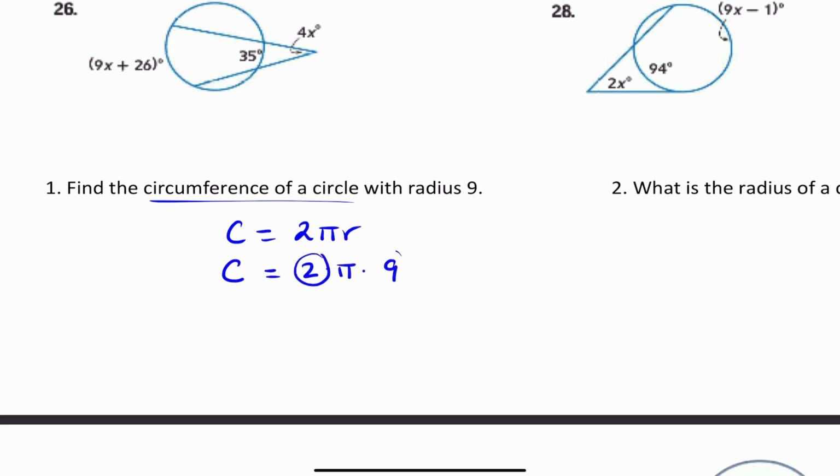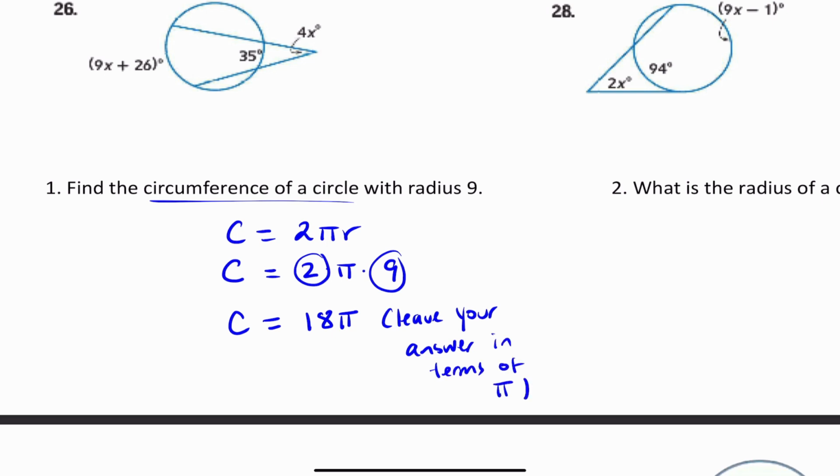I'm going to multiply the 2 and the 9 together. So that's C equals 18 pi. Do not multiply the 18 and pi. Leave your answer in terms of pi. We want the exact answer. I don't want you to multiply by 3.14. Okay, 18 times pi, or 18 pi, is essentially exact. Okay, and that's what we want.